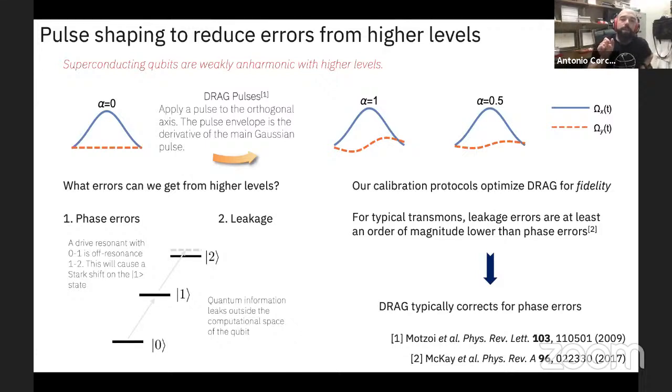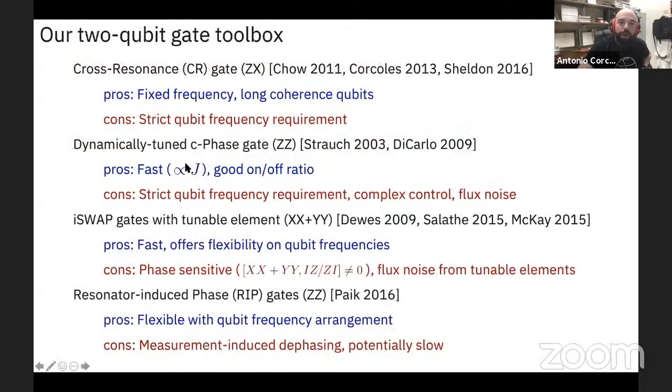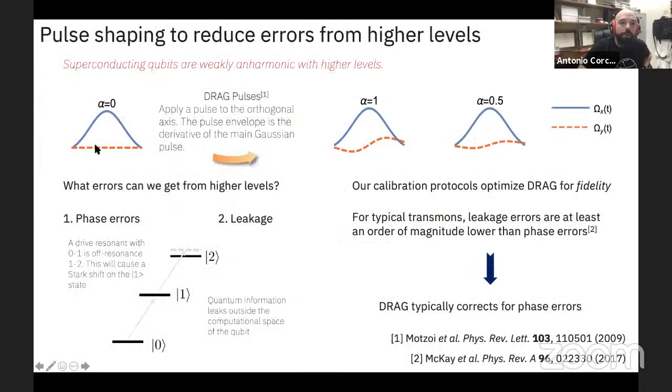So what we can do is run our gate by adding a pulse in the other quadrature. If we are doing an X gate in the blue here, this will be in the Y quadrature. That is the derivative of this shape, which normally is a Gaussian. So here is a Gaussian, and this is the derivative of a Gaussian with a scaling amplitude factor, alpha.